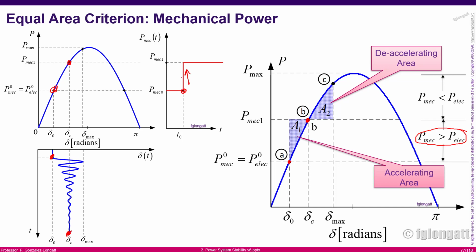Because the machine has so much kinetic energy, when it reaches the point B, the rotor is still accelerating until it reaches the point C. In this area, the mechanical power is below the electrical power. The angle is still increasing, but the rotor speed is decreasing, between B and C.